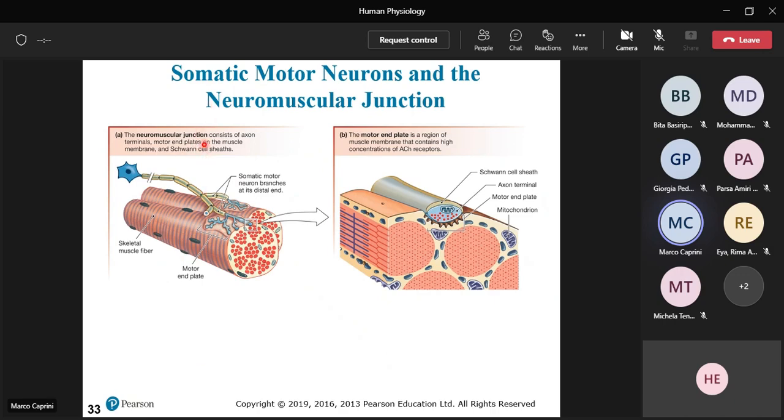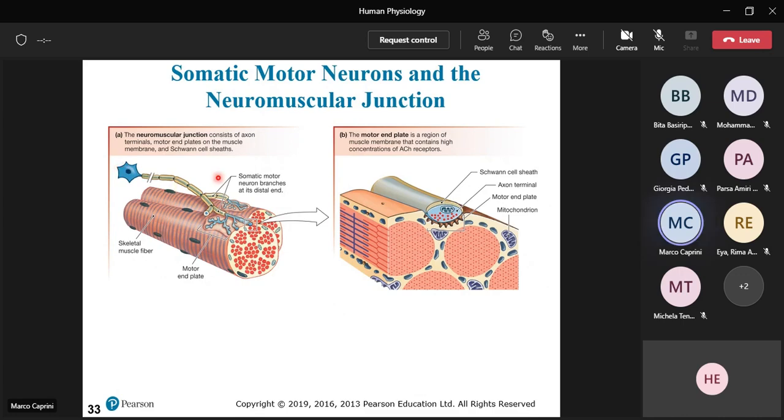The neuromuscular junction is made by the motor neuron, okay? The somatic motor neuron, the voluntary motor neuron that forms the neuromuscular junction and allows the contraction of skeletal muscle, voluntary contraction of skeletal muscle.